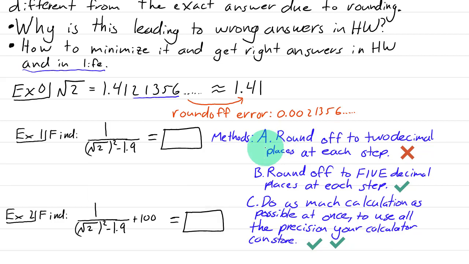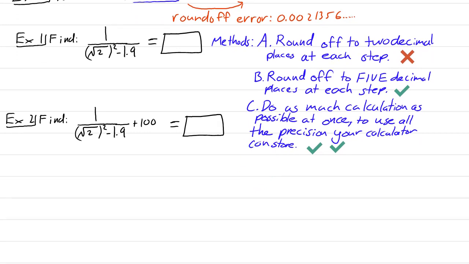First of all, let's just go over how you could do this without any calculator at all. If you just notice that the square root of 2 squared cancels out, the exact answer for this would be 1 over 2 minus 1.9, which would give you 1 over 0.1, which is just 10.